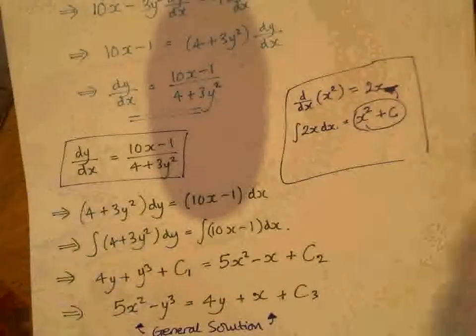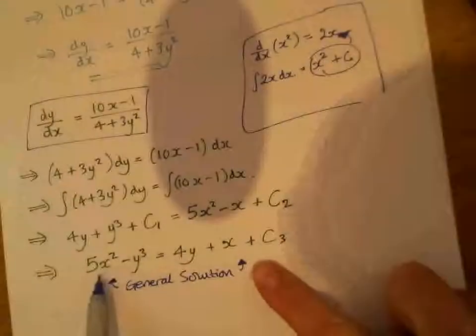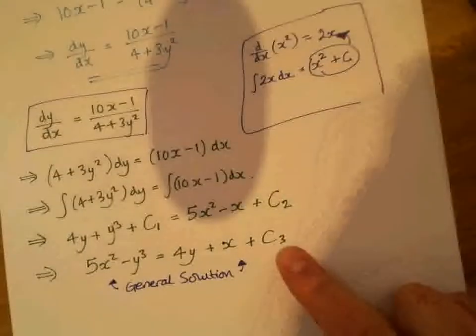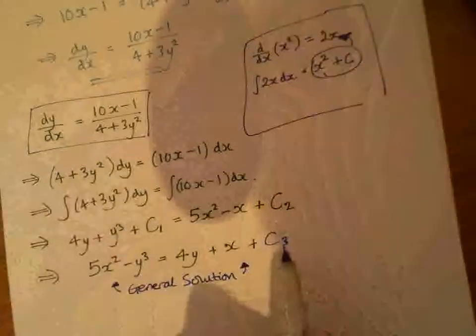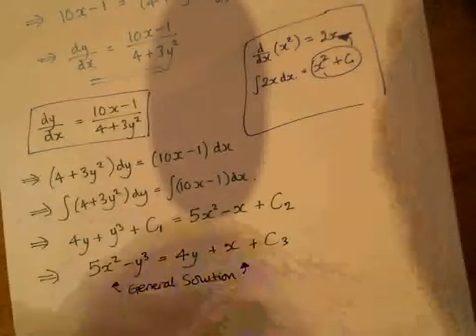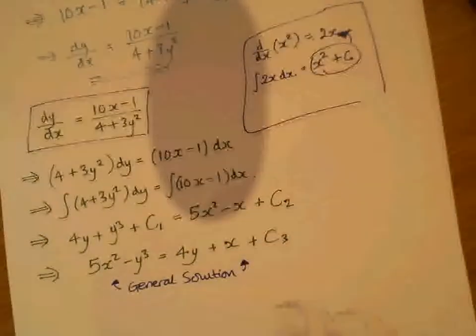So if y is 8 when x is 2, for example, then of course you'd be able to substitute these in, and the only thing left to determine would be c3. So you would need a specific piece of information in order to determine the actual constant in that particular scenario. But with no context, that's redundant in this instance.